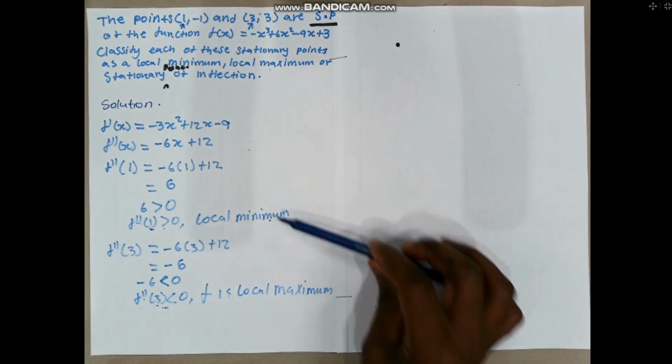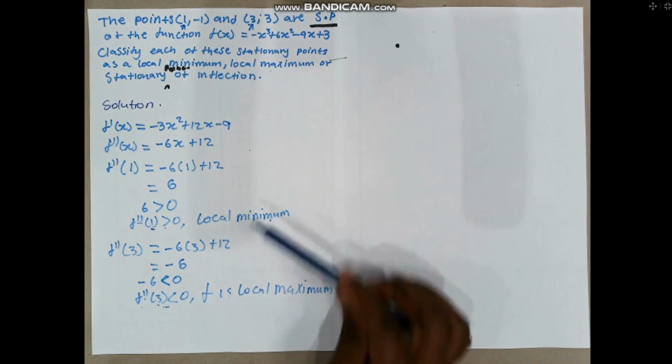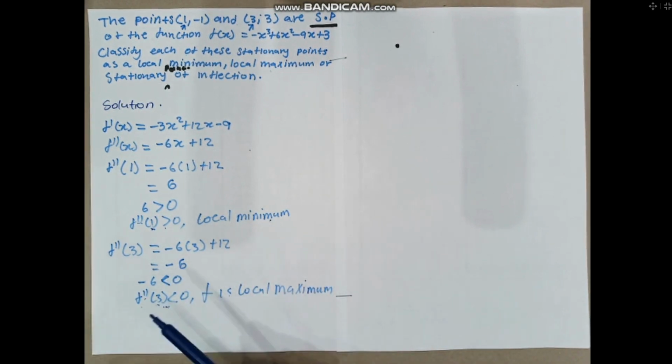I hope you see the difference between the two. We are doing local maximum, local minimum, second derivative. That's where we determine the local minimum and the local maximum. Thank you so much, guys.